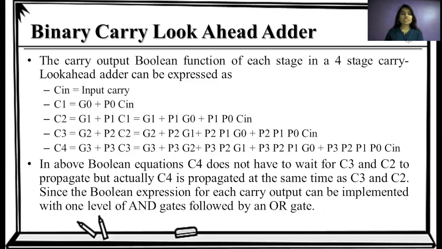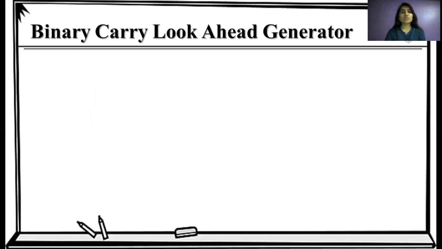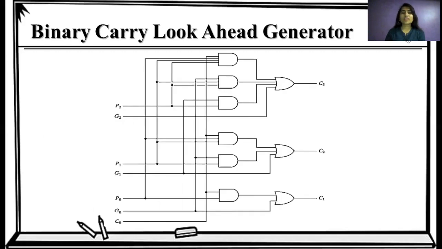Since the Boolean expression for each carry output can be implemented with one level of AND gates followed by an OR gate, using these equations we have a binary carry look ahead generator. Using this generator circuit, which results from the equations of C3, C2, C1, we can calculate carry independently.